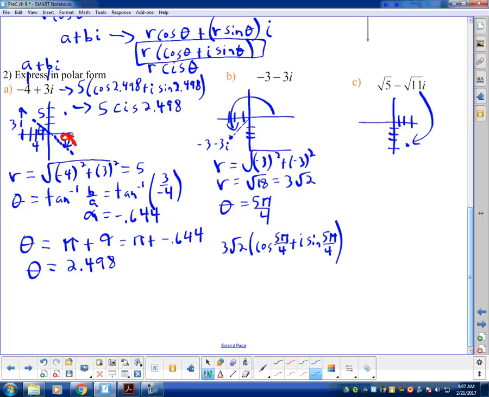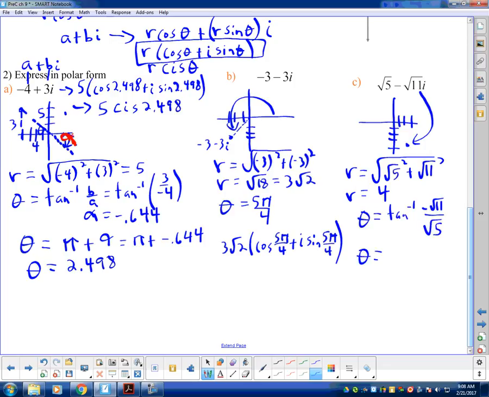So r is equal to the square root of root 5 squared plus root 11 squared. So 5 plus 11 is 16. I get r equals 4. And then theta is equal to inverse tangent of negative root 11 over root 5.